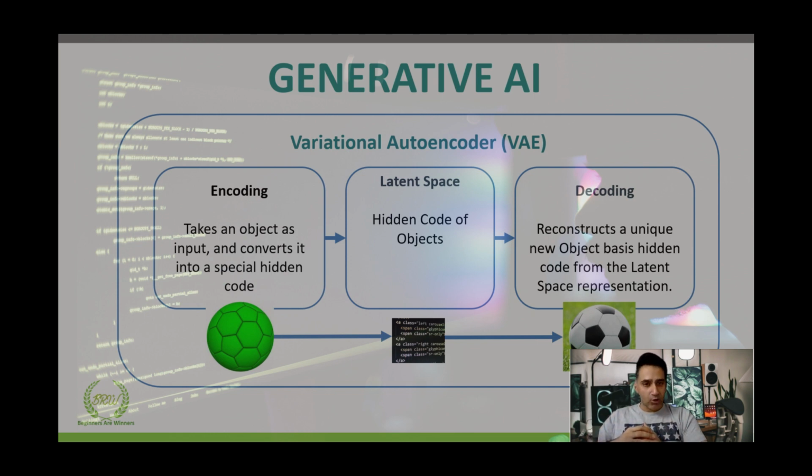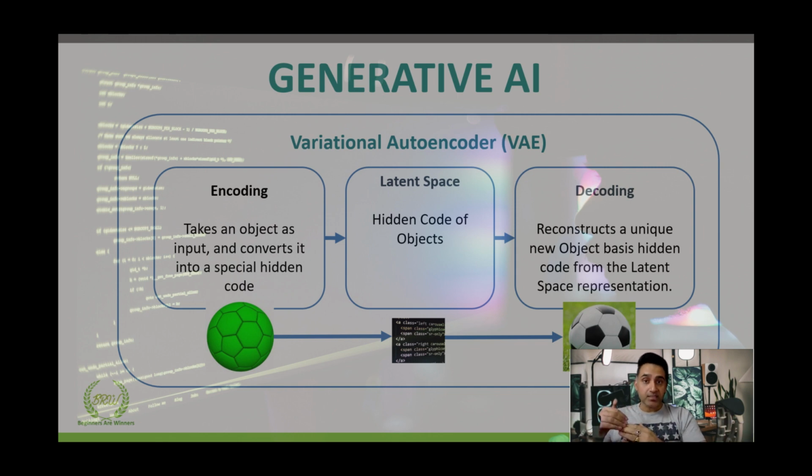And it has three components, which are encoding, latent space, and decoding. For example, during encoding, the VAE takes a picture as an input and turns it into a hidden code, wherein this hidden code is a bunch of numbers that represent the picture in a unique way.